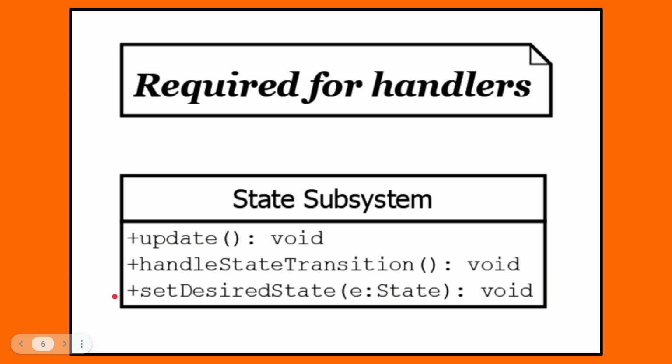So starting off at the bottom, we have set desired state. And you'll see how this will work, but it just sets the state that the handler is in. Now, if set desired state is setting it to a state that it's already in, well, it just does nothing. But if it's changing it to something other than the one it's in, so we're setting it to a different state, we want to handle that transition between states with this method, the handle state transition method.